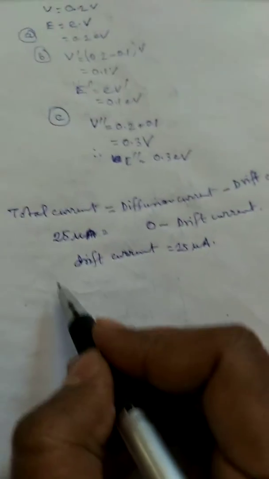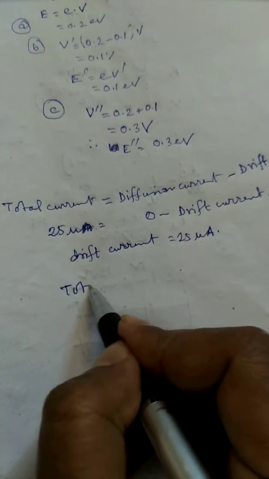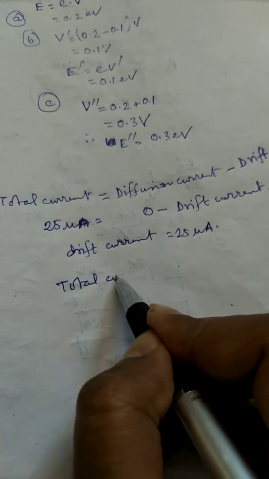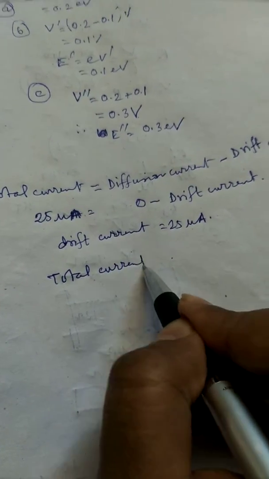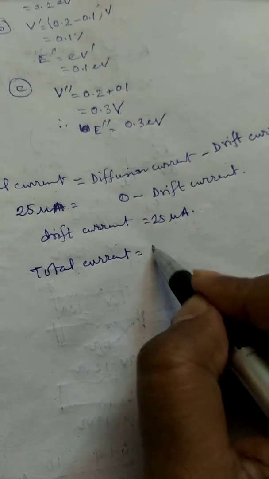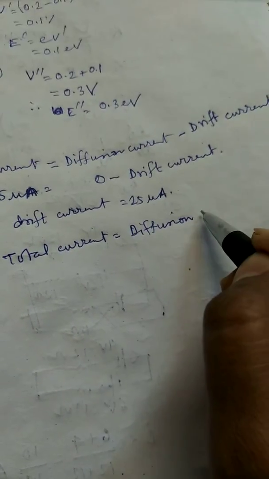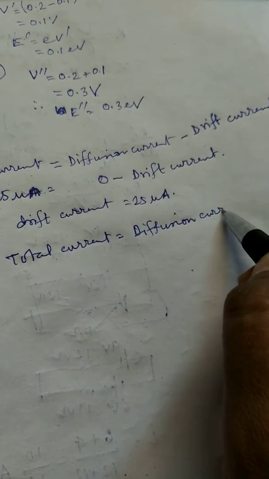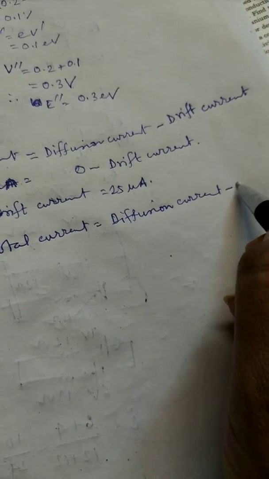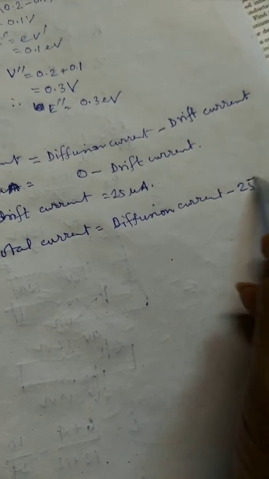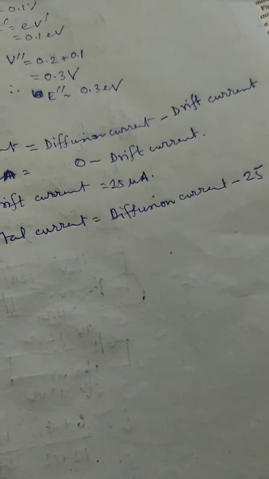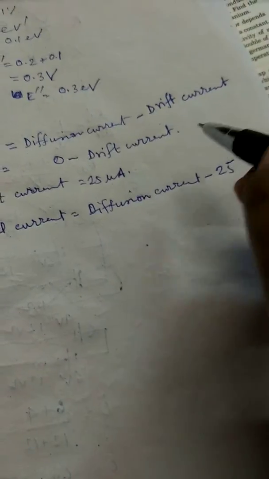So my new equation becomes total current equals diffusion current minus 25 microampere.